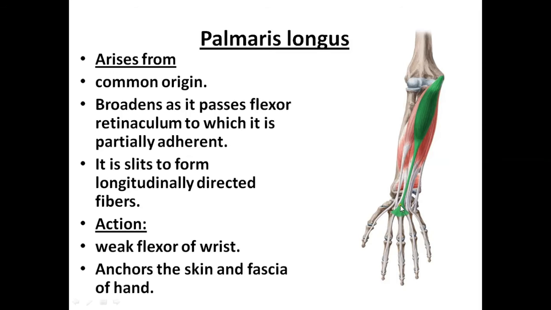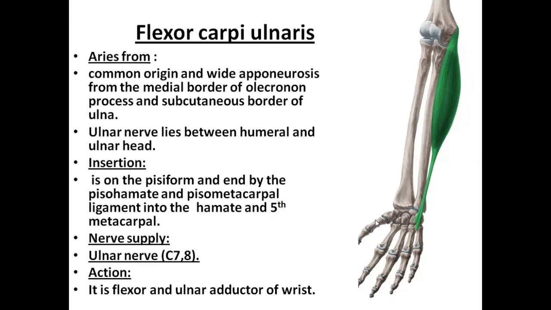These longitudinally directed fibers attach to the flexor retinaculum and the skin of the hand. So it acts as a flexor and anchors the skin and fascia of the hand. It is supplied by the median nerve.